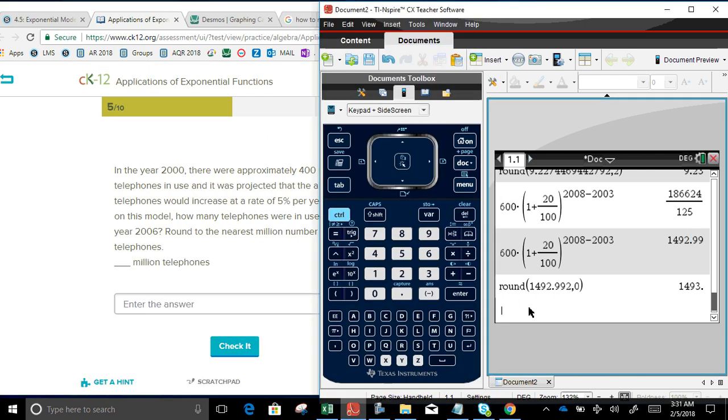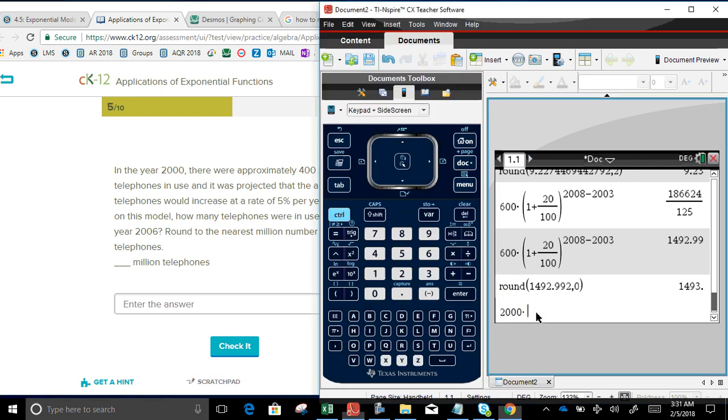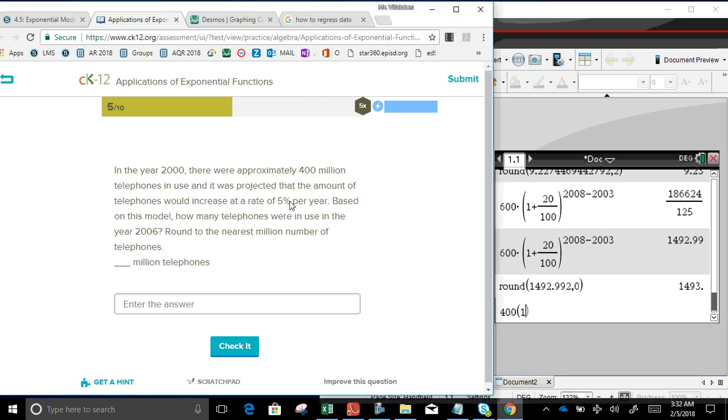Okay, in 2000, no, not 2000, 400 million telephones. And 1 plus or 1 minus? Increase. See? Increase at a rate of 5%. 2006. That's 6 years.